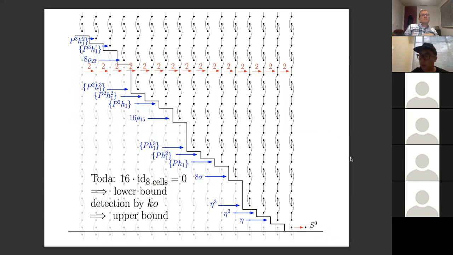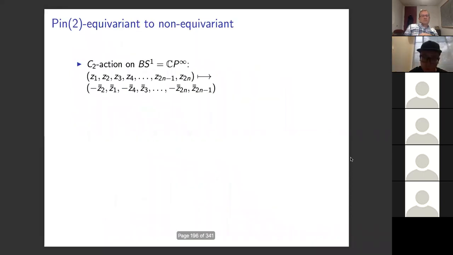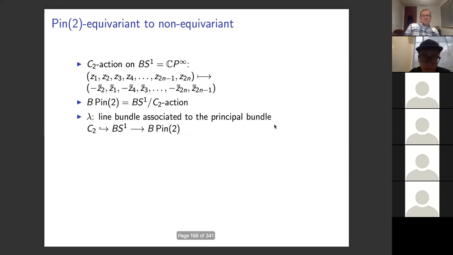So I'm going to try to explain what that is. As in this case, we first translate this P2 equivariant problem into a non-equivariant problem, and this is a sketch. So C2 acts on the sphere, so therefore acts on the classifying space, namely CP infinity, by the following action. So therefore the classifying space of P2 can be seen as BS1 modded out by this C2 action.